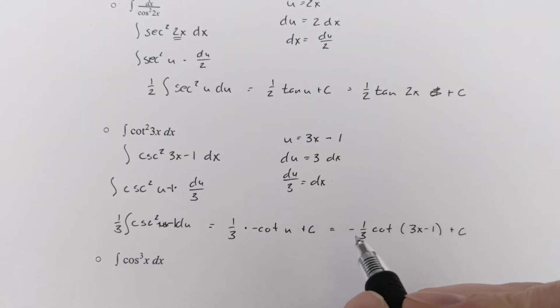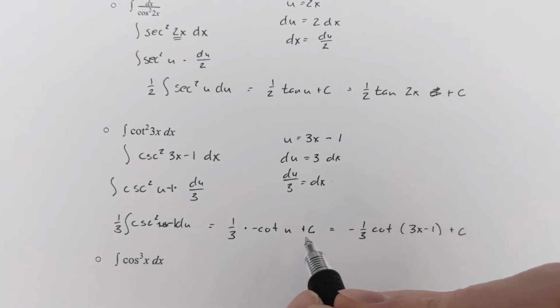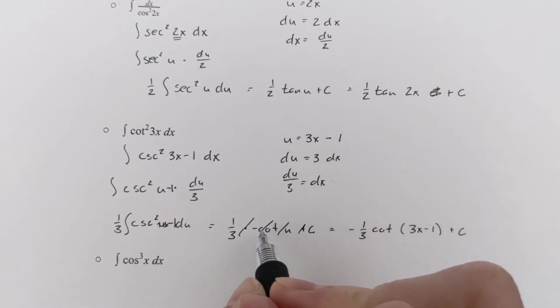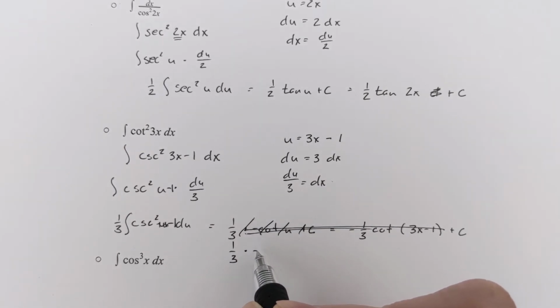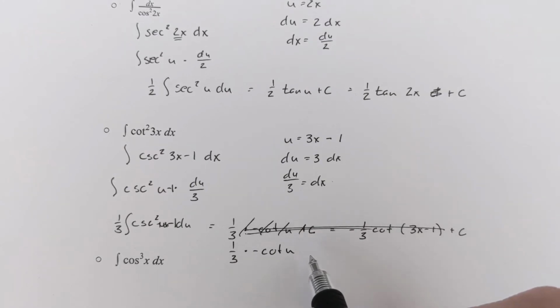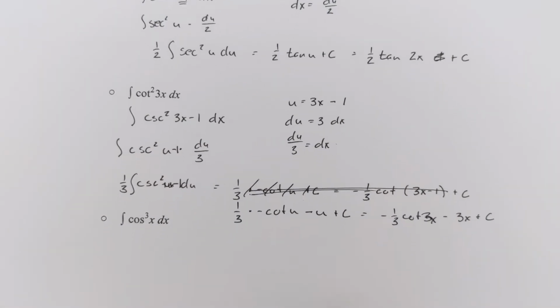So we would get 1/3 times negative cotangent u minus u plus c, which would become negative 1/3 cotangent 3x minus x plus c. I knew that one went away somewhere.